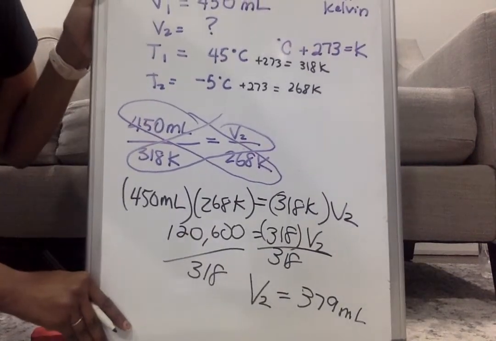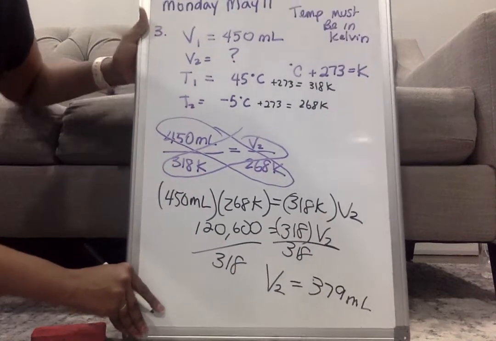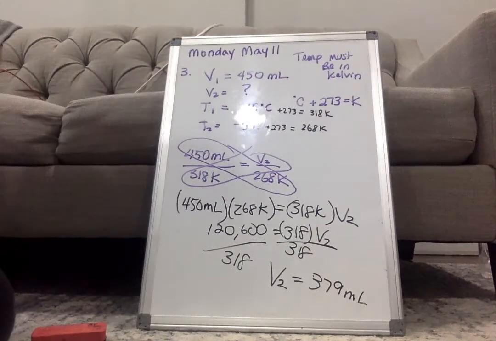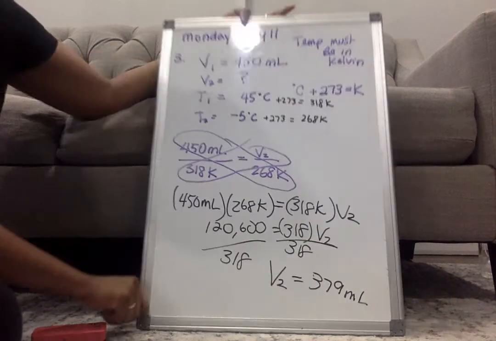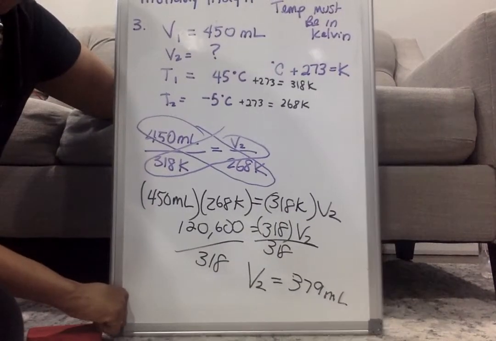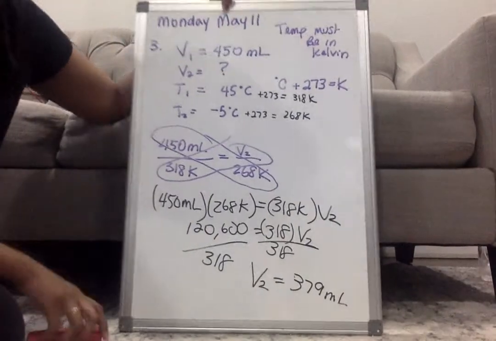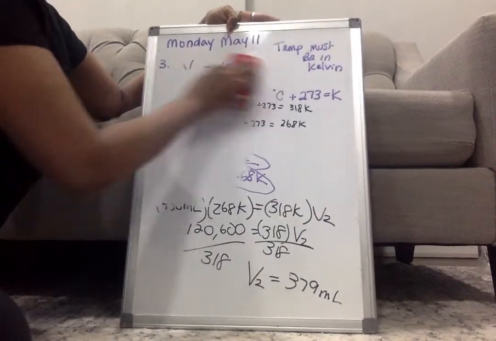Okay. Sorry, it's kind of sloppy. All right, so that's number 3. Take a look, pause the video if you need to look at it more in detail. I'm going to erase this and move on to number 4.